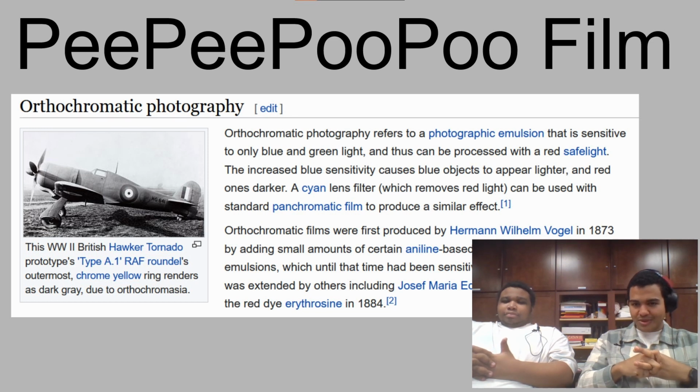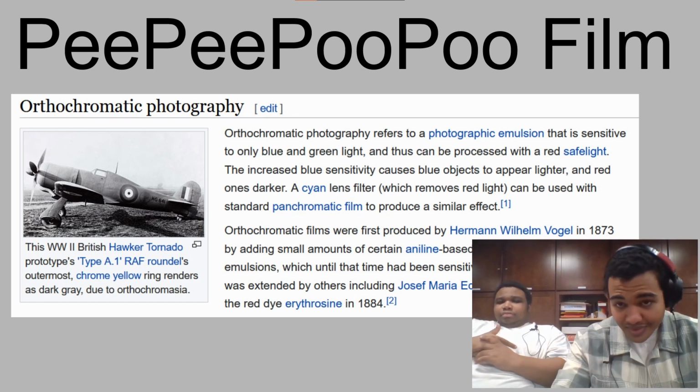First produced by Hermann Wilhelm Vogel in 1873. Wait, if this is 1873, other photos were from the 1850s, so they were using even shittier film than orthochromatic film. Yeah, so orthochromatic film is still a little better, but not great.